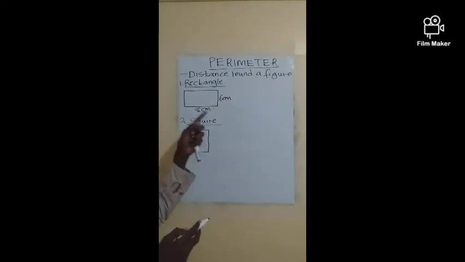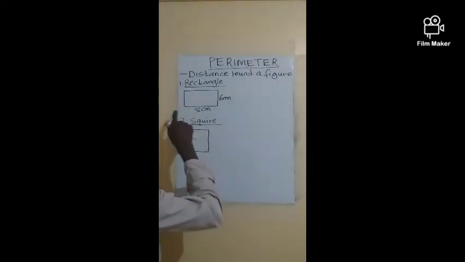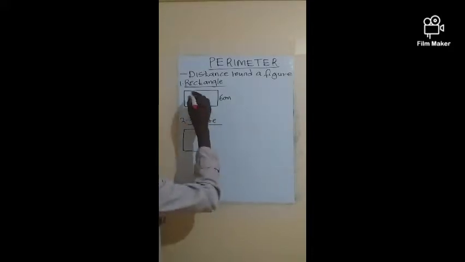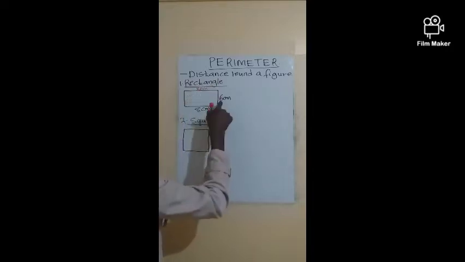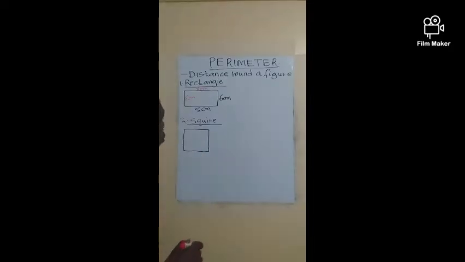Our length is 8 centimeters and our width is 6 centimeters. As you know, a rectangle has two sides which are equal: 8 centimeters, 8 centimeters, 6 centimeters, 6 centimeters. Two opposite sides of a rectangle are equal.